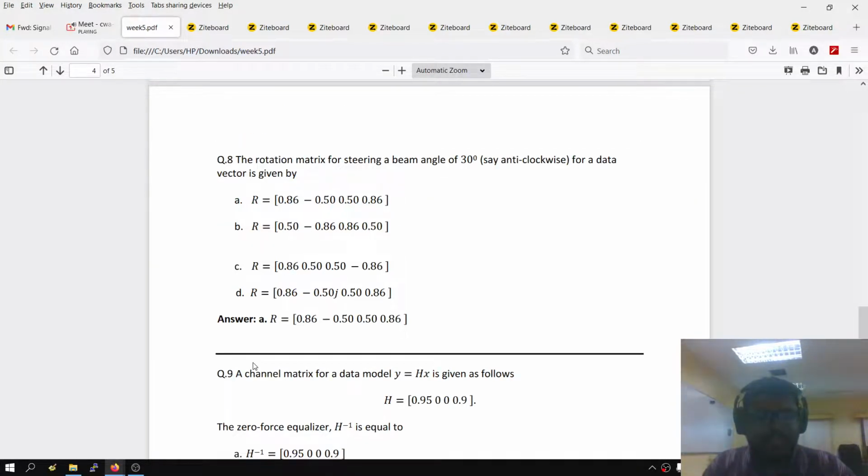So the next question: here is a rotation matrix for steering a beam angle of 30 degrees for a data vector. So the rotation matrix is given by a beam angle of 30 degrees, and we have to derive what the rotation matrix should be. The main task here is to know what the rotation matrix is and how it works.